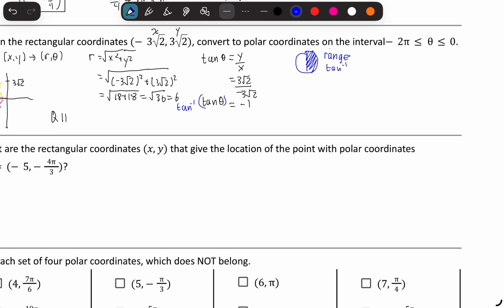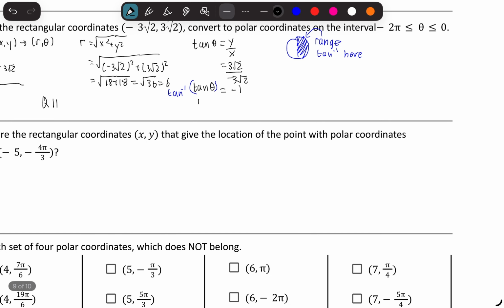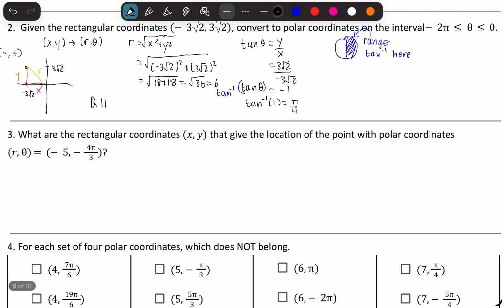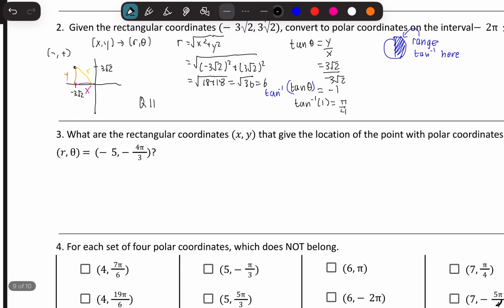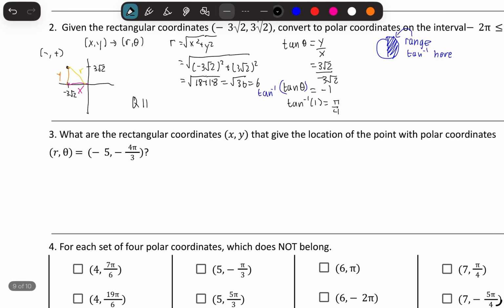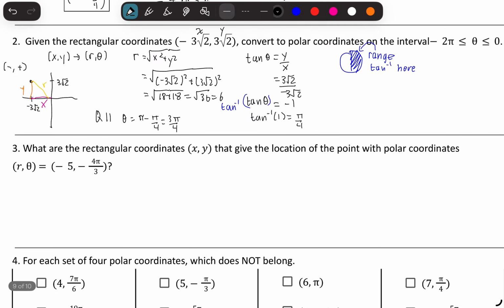So it has to return a value inside of here only. So whenever you have an angle in Q2, what you do is your angle is going to be pi minus pi over 4. And that is going to be 3 pi over 4. So now we have our radius and we have our theta, so we can write our point finally as 6, 3 pi over 4.